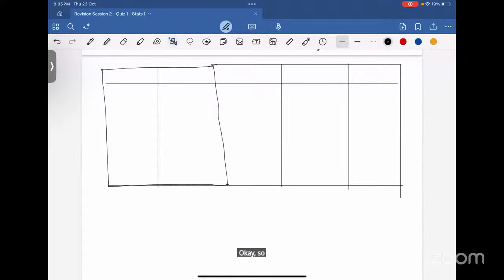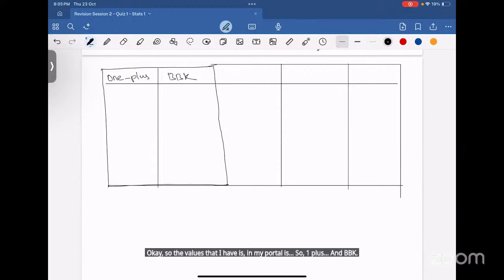The values that I have in my portal for 1 plus and BBK are, for Chennai division, 5, 1, 3, 6, 2, 6, 5.